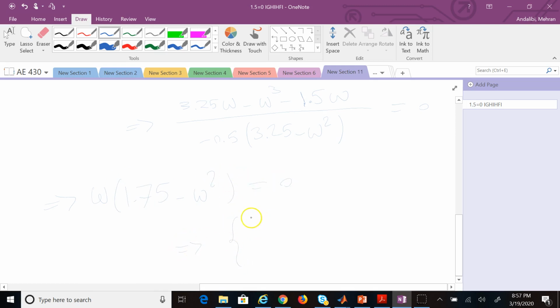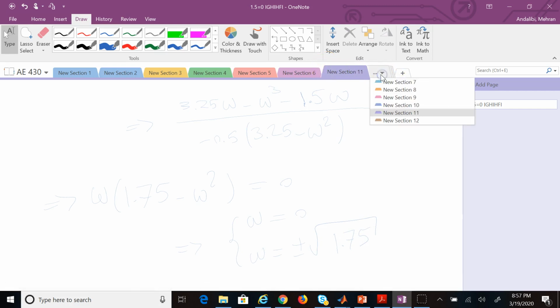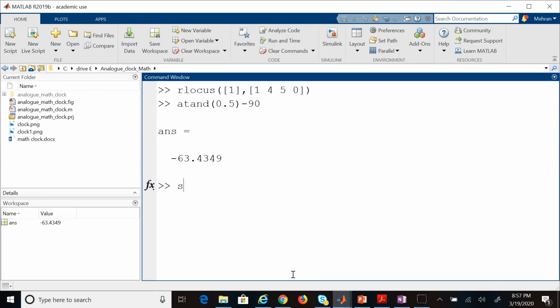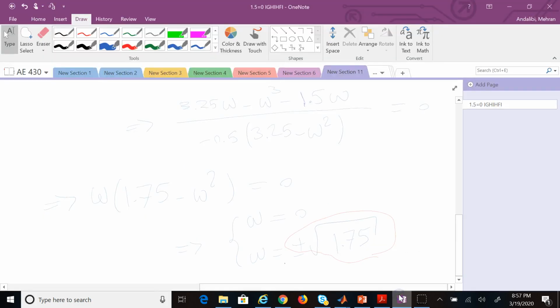And of course, now your solutions are omega is 0 or omega is plus or minus square root of 1.75. Clearly, if you go back and look at that picture again, omega was clearly a positive number. And so the only solution that is acceptable is square root of 1.75, which if we calculate it, is 1.323.